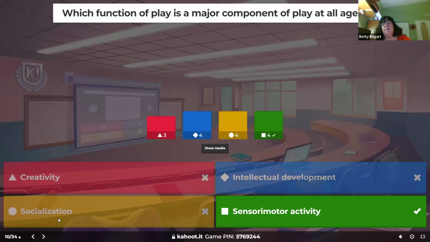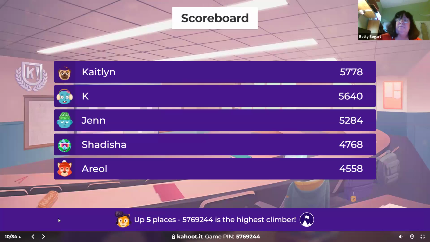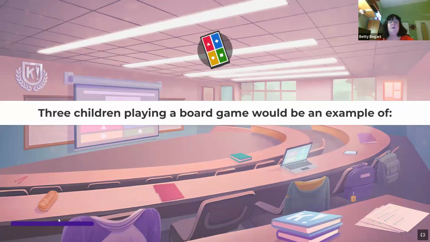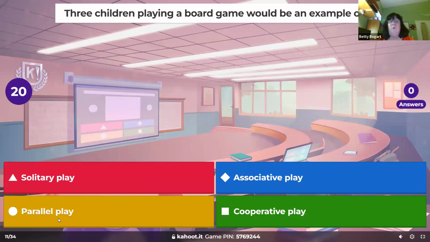And it's that sensorimotor activity. It's the touching, it's the mouth, it's the movement. That is the major component. It does creativity, it helps socialization, it helps with intellectual development, but it's that activity that makes all the other. 3 children playing a board game would be an example of what type of play?